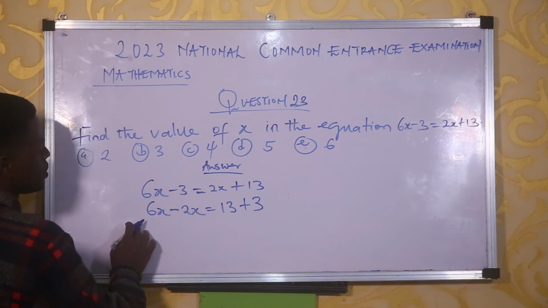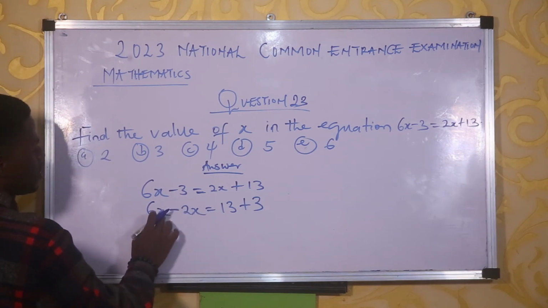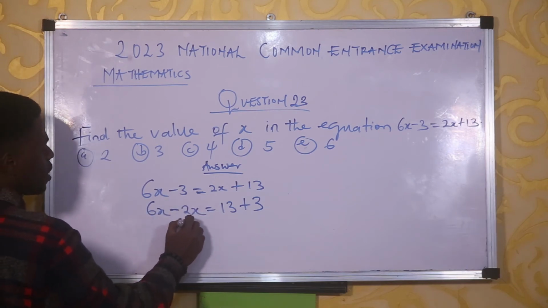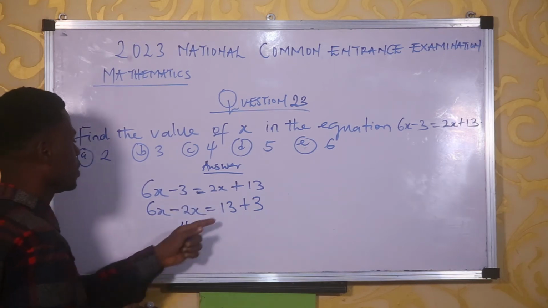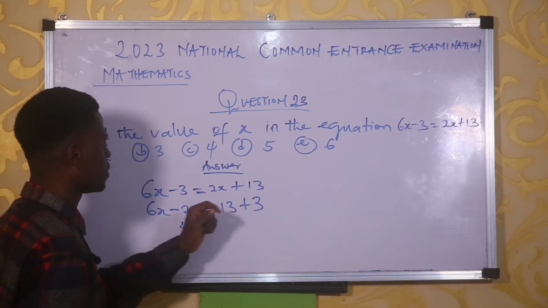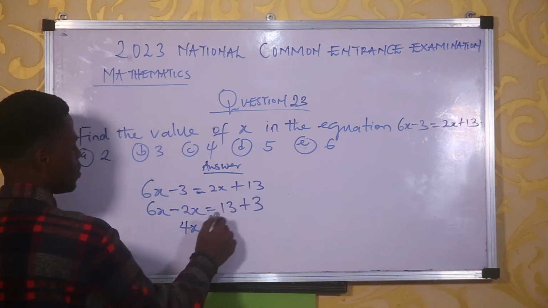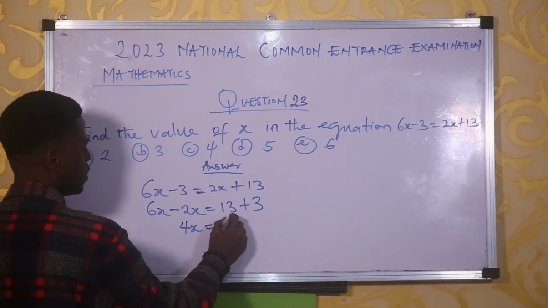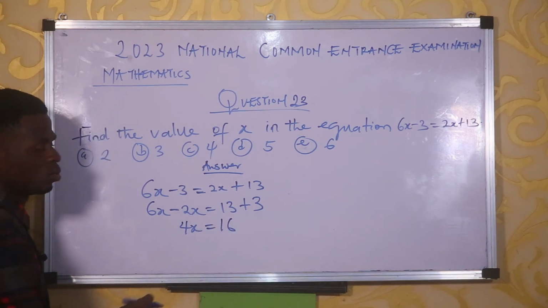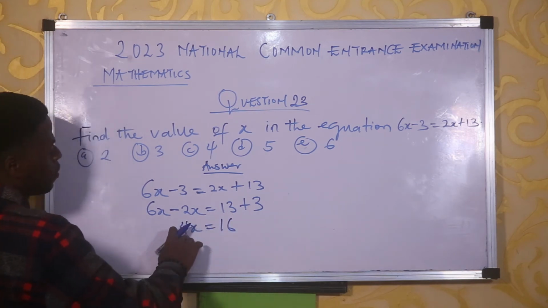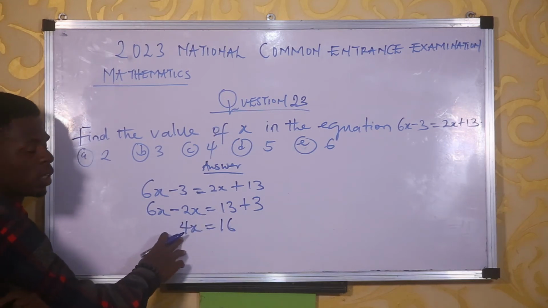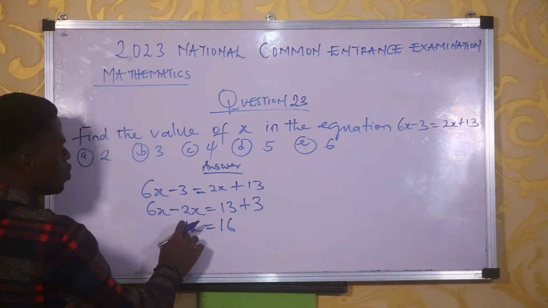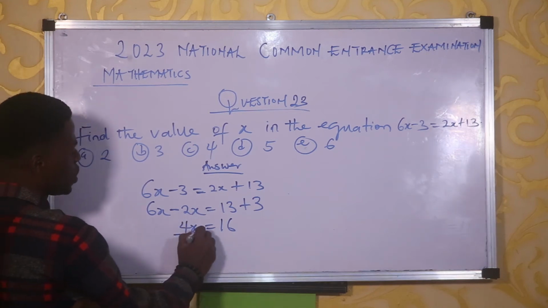So in this place now we have 6x minus 2x, which gives us 4x. Take note of that. 13 plus 3 is 16. So in this place we are going to divide both sides by the coefficient of 4x, which is 4.